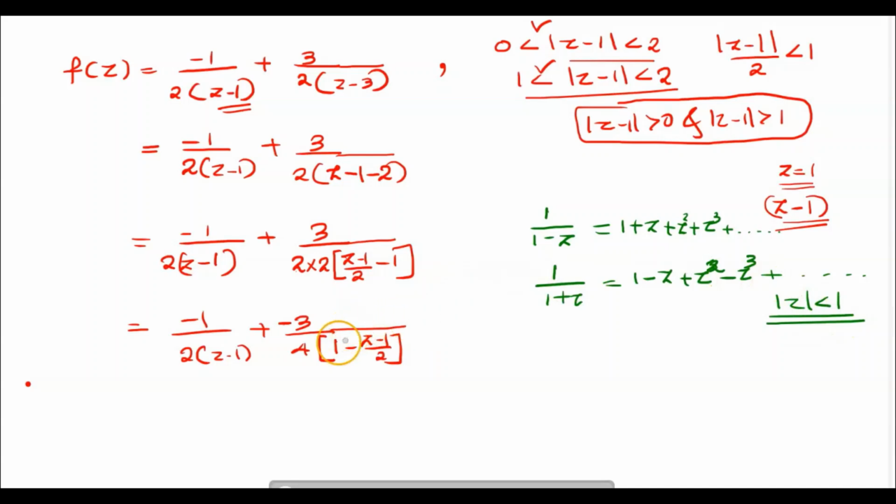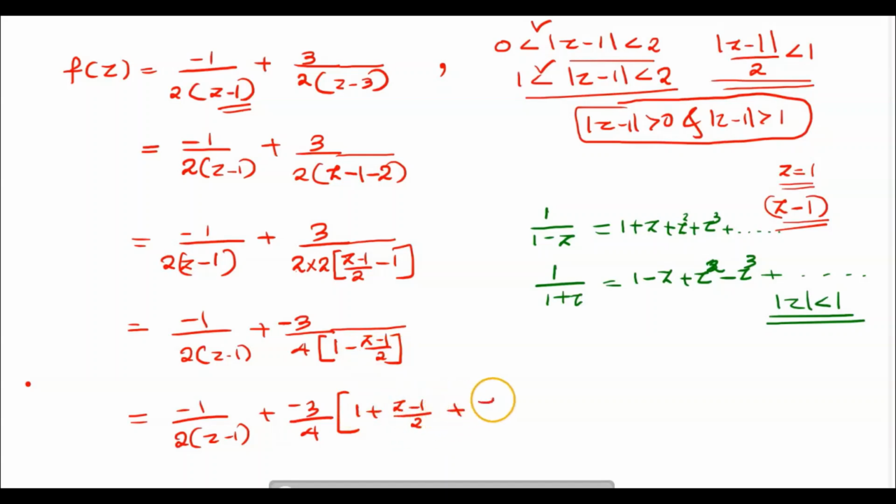So we can use here 1 by 1 minus, instead of z we have (z minus 1) by 2, and modulus of (z minus 1) by 2 is less than 1. So this is minus 1 by 2 into (z minus 1) minus 3 by 4 into 1 by 1 minus (z minus 1) by 2, so 1 plus (z minus 1) by 2 plus ((z minus 1) by 2) all square plus ((z minus 1) by 2) all cube plus etc.